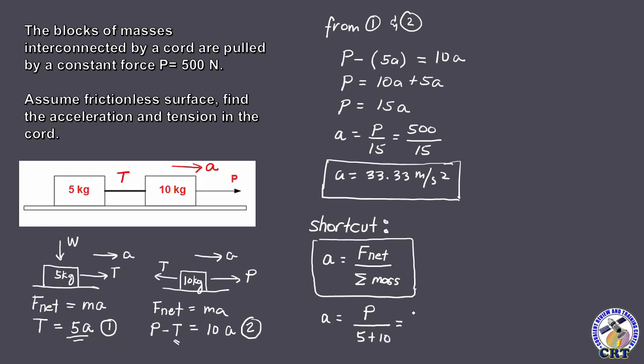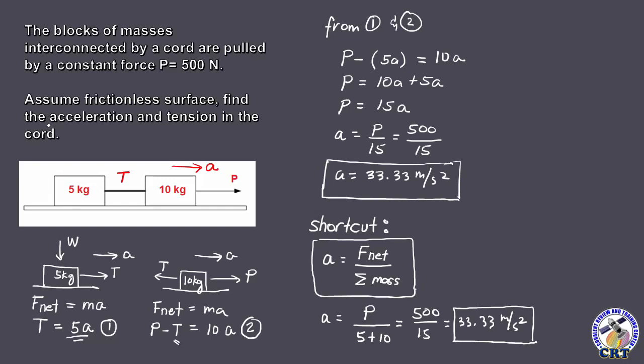Substituting, P is 500 newtons over 5 plus 10, which is 15. This will give you still a 33.33 meters per second squared acceleration. So these are two possible solutions for this type of problem.